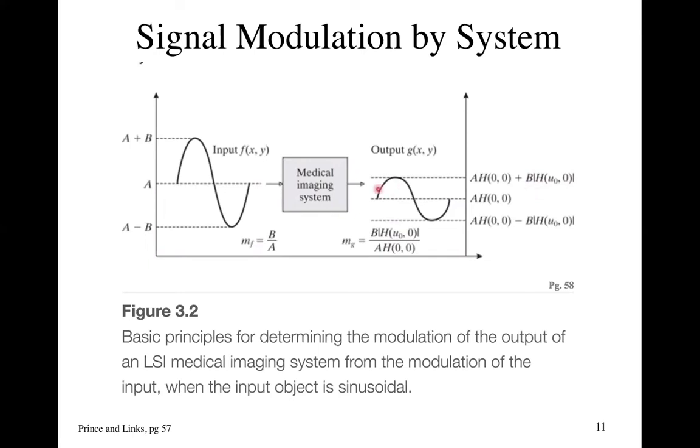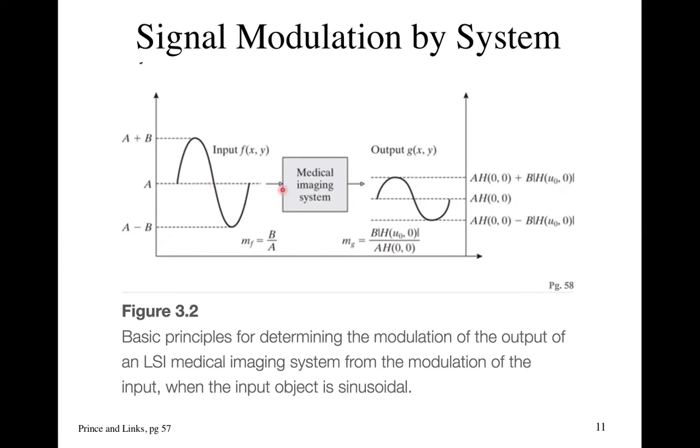And so what happens is when this system goes through, the DC component gets modulated by the modulation transfer function at 0, at the origin, right? And the sinusoidal component gets modulated at whatever frequency it's at. So it's the modulation transfer function at that frequency. In this case, it's 1D, so we only have it at this frequency U sub 0.